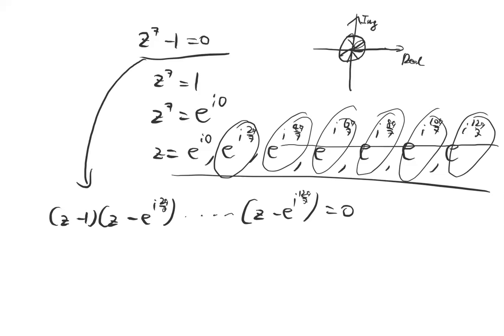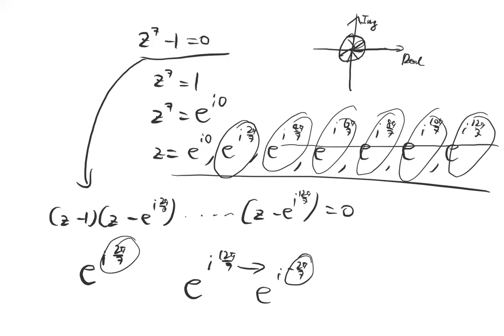For example, for e to the power of i 2 pi over 7 and e to the power of i 12 pi over 7, we can subtract 2 pi because it's the same. And when you see negatives together, it means that they're conjugates, because the cosine doesn't change but the sign changes. So they're conjugates of each other. This rule applies to these two pairs as well.